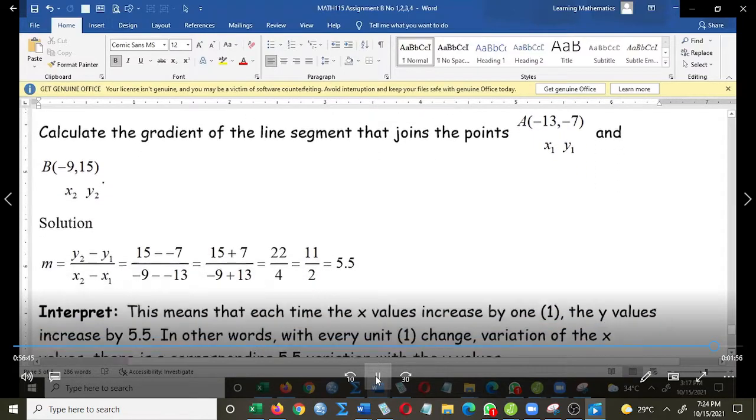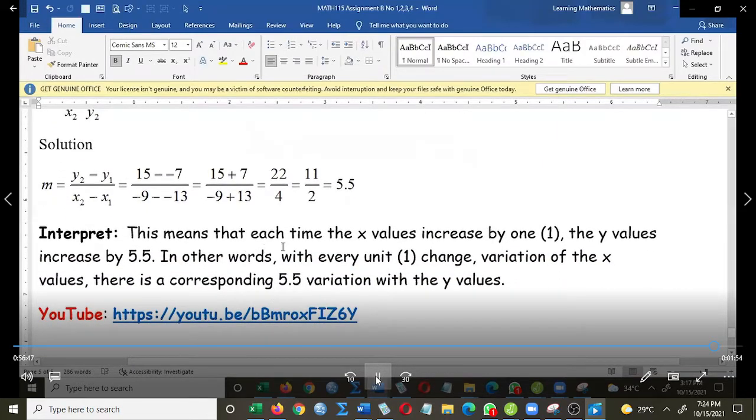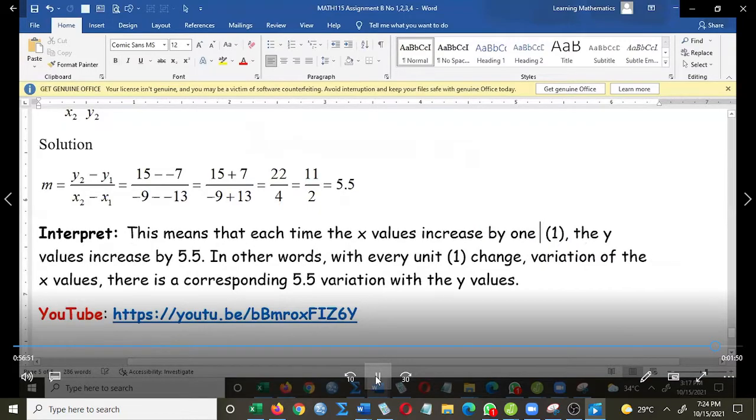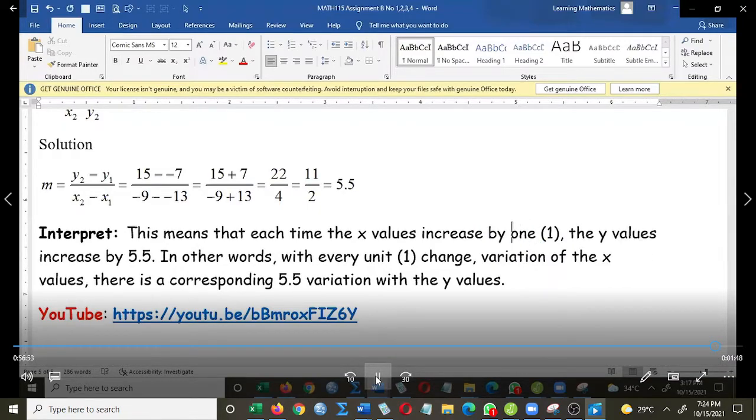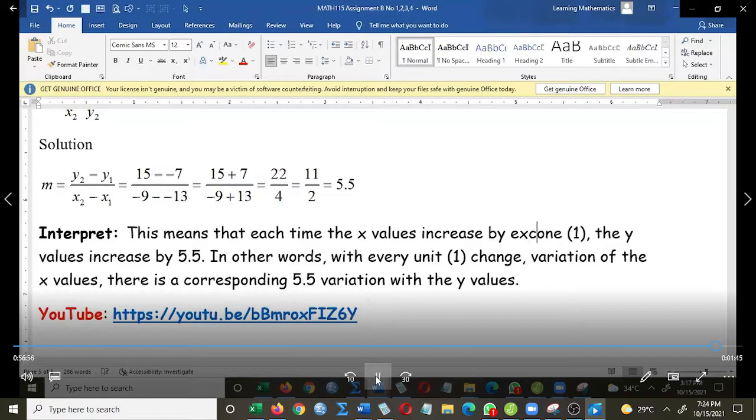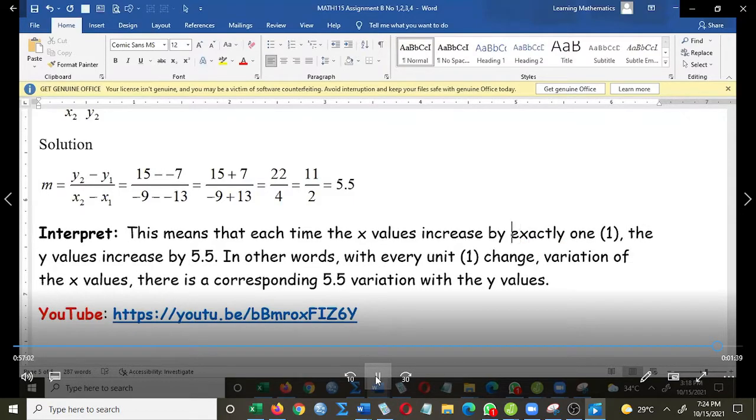Okay, so here we go. This means that each time the x value increases by exactly 1, I'll just stress that, and put the word increase in bold, the y values increase, because it's positive, by 5.5.